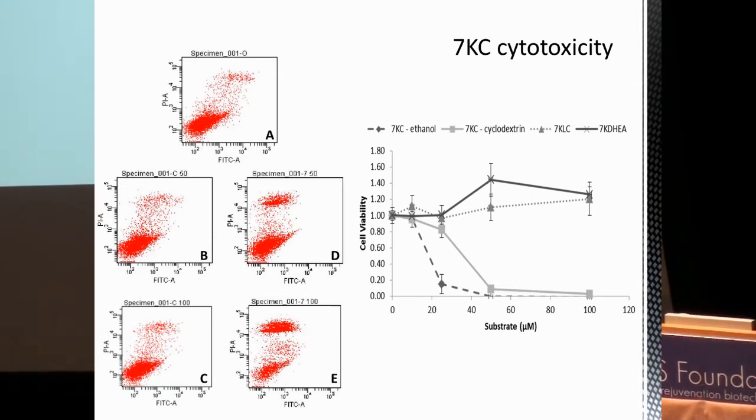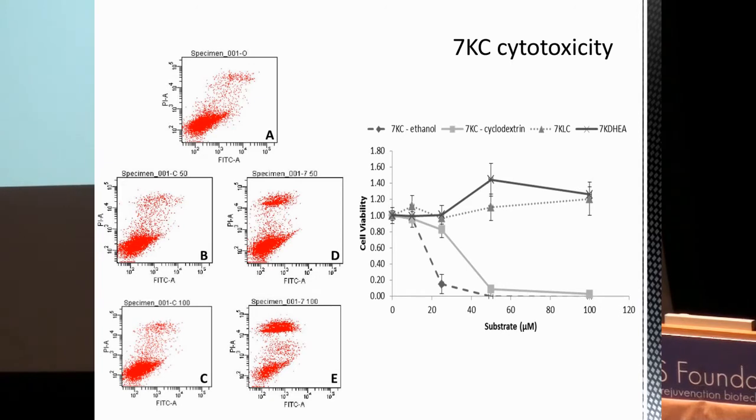As you can see, there's really no change in population distribution of these cells. However, when we treat these cells with 50 and 100 micromolar 7-ketocholesterol, we see a large shift in population up here, which is a very high increase in the PI signal. What this indicated to us is that these cells were undergoing a fairly rapid necrosis and probably not apoptosis. So we think it's either necroptosis or necrosis that these cells are undergoing.